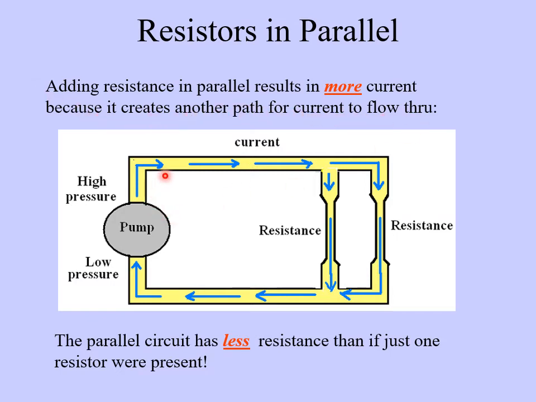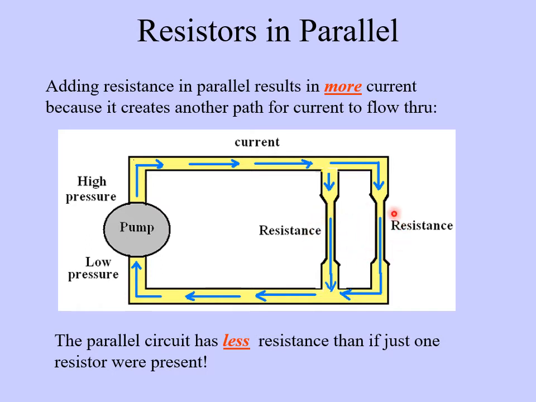So let's go back to our water analogy. Remember we had a pump here, and that pump is pumping water around this circuit of tubing or pipes. Well, the resistance here is where the tubing gets really narrow. You can think of this like a little straw, like a drinking straw, where it's hard to force the water through there. So this kind of limits how much current can flow, how much water can flow.